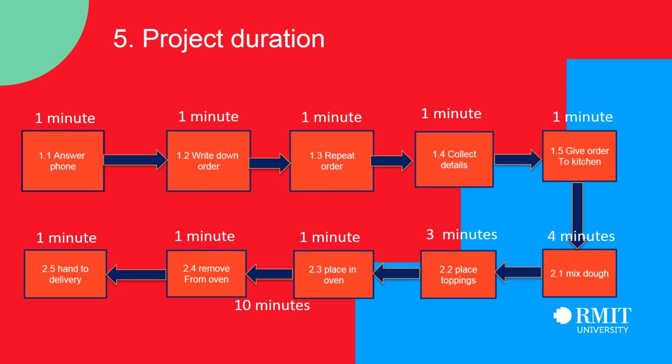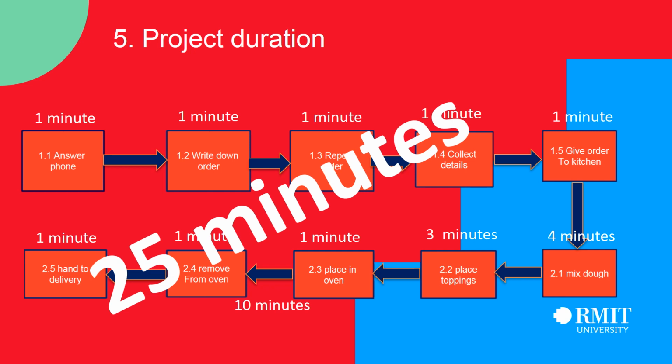Because if we didn't have 10 minutes there, we would take something in the oven and then we would take it straight out again. So we need to allocate 10 minutes of time to the relationship between 2.3 and 2.4. You'll learn more about this in a later course. So the total project duration from activities 1.1 to 2.5 on this project is 25 minutes.